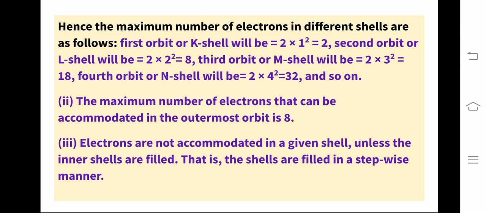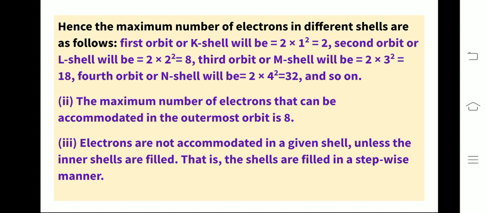If we move to the second orbit or the L shell, then the number would increase to 8, because in this case n is equal to 2, so 2 into 2 square becomes 8. Similarly, the third orbit or M shell will contain 2 into 3 square, that is 18 electrons, and the fourth orbit or the N shell will contain 32 electrons, and so on.